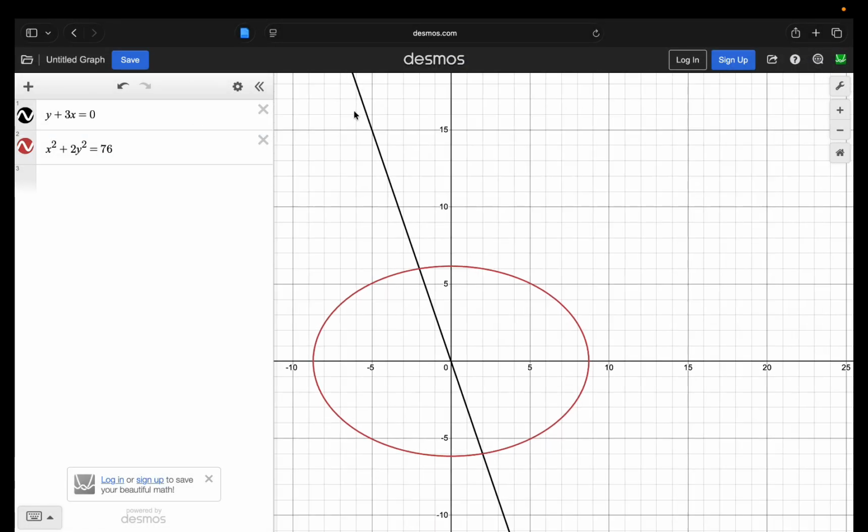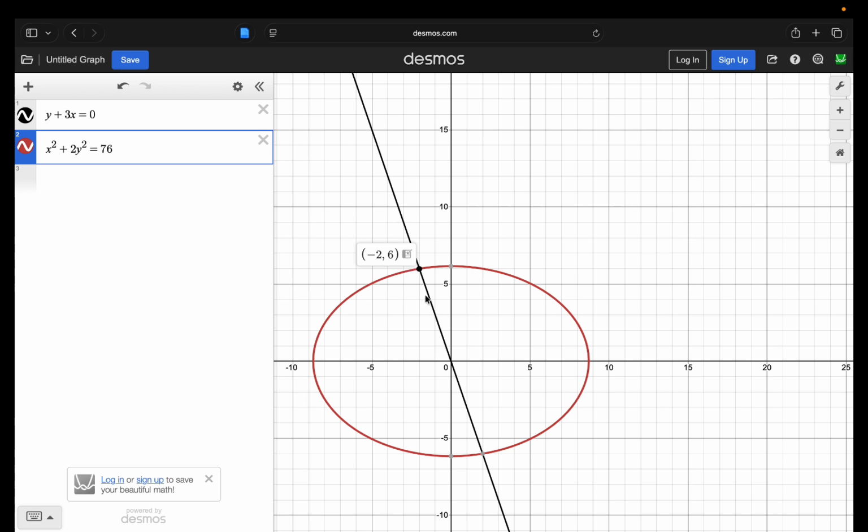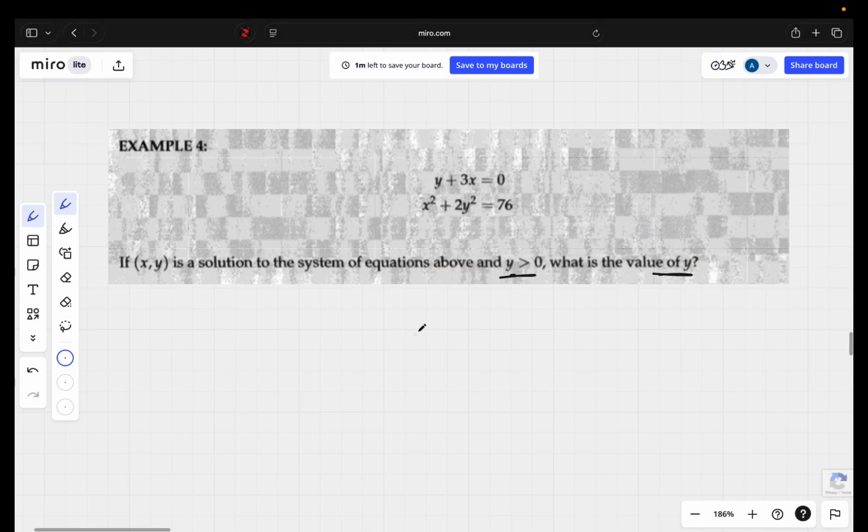So I get 2 points for this: minus 2, 6, and 2, minus 6. It says y has to be greater than 0, so y is 6 or negative 6, and because it's greater than 0, it has to be 6. So y is going to be 6.